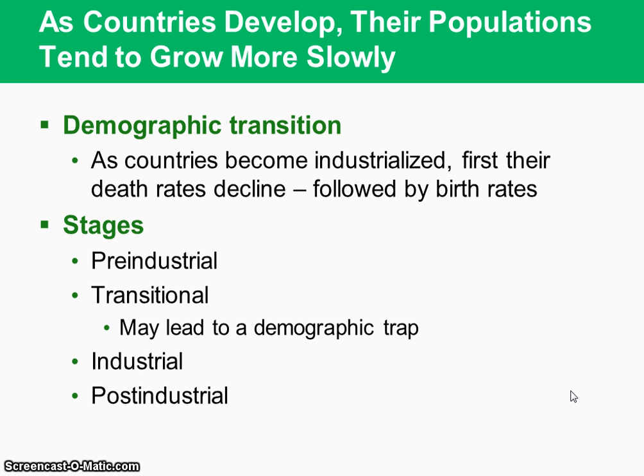And so it's remembering that we transition into an industrial society. And so we'll look at that in the graphic coming up in a minute. And also, like I said before, there's this demographic trap that can happen, and when that does occur is during the transitional phase. So be paying attention for that term when it comes up.